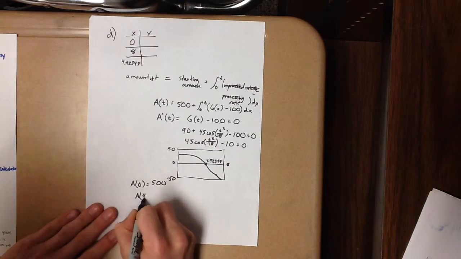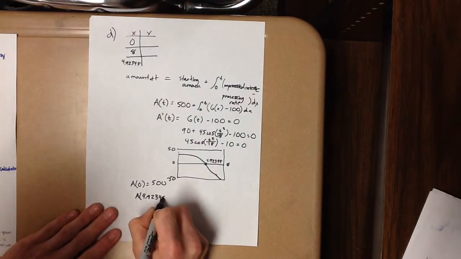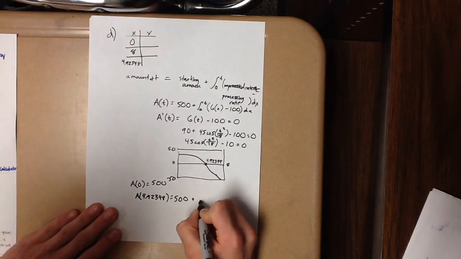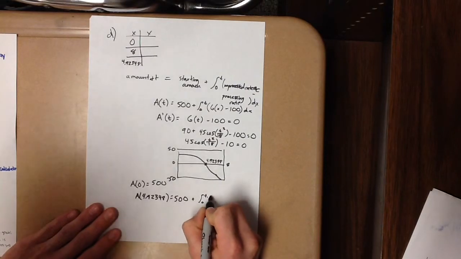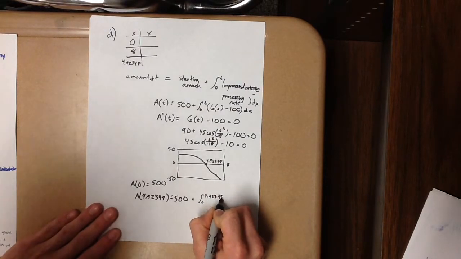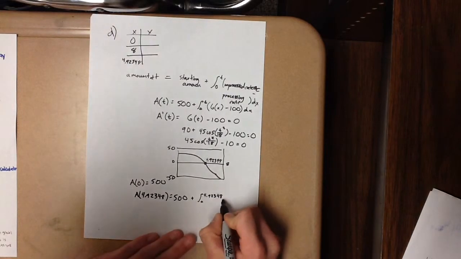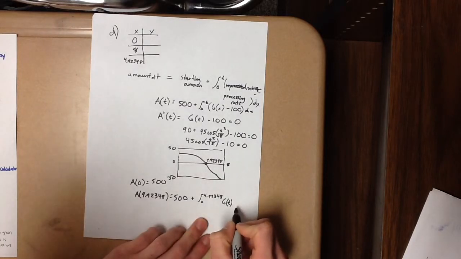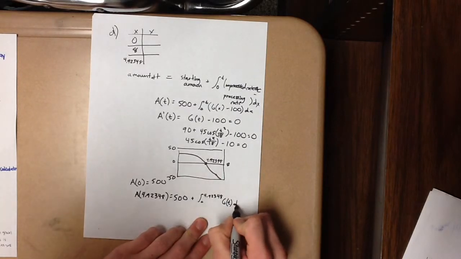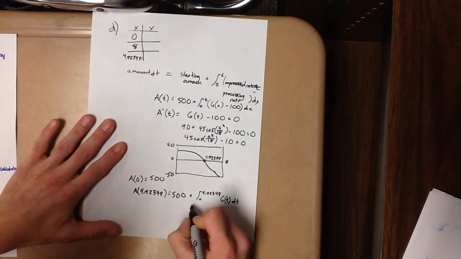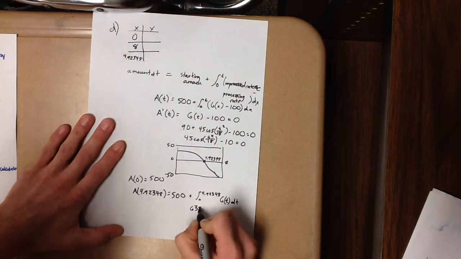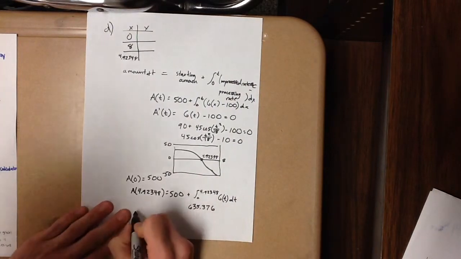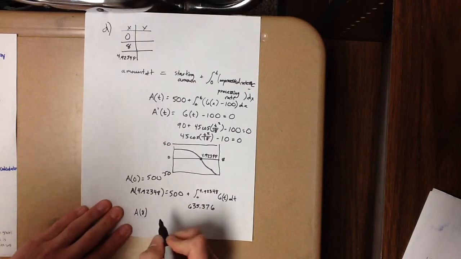A of 4.92348 is equal to 500 plus the integral from 0 to 4.92348 of g of t with respect to t, and you will get 635.376. That's rounded off.